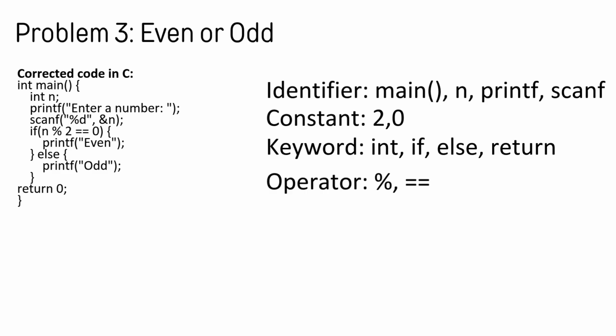We will see in our upcoming lessons what the rules are for naming an identifier, how many kinds of constants there are, what is called a keyword and its purpose, and how many operators exist in C.